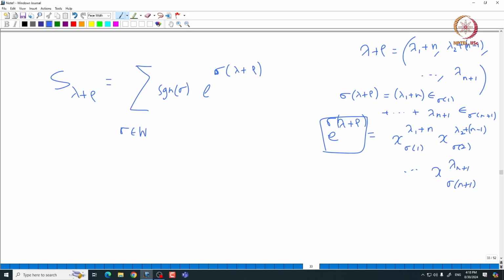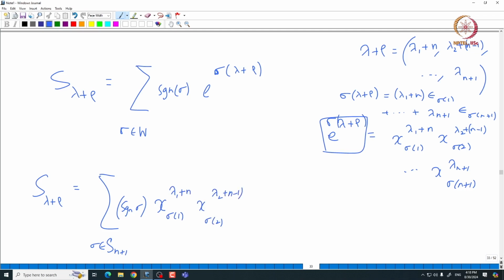So S lambda plus rho is nothing but the summation over sigma in S n plus 1 of the sign of sigma times x sigma 1 power lambda 1 plus n, x sigma 2 power lambda 2 plus n minus 1, etcetera, x sigma n plus 1 power lambda n plus 1.